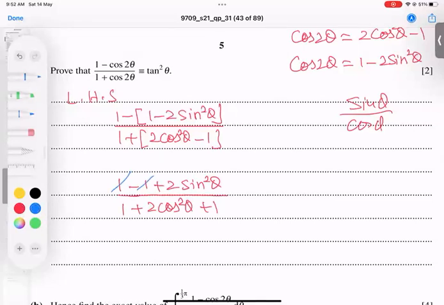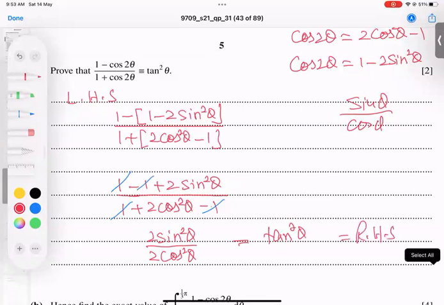Sorry, this remains minus 1, because plus into minus remains minus. Then this 1 and 1 cancel out. Ultimately I got 2 sine square theta in the numerator and 2 cos square theta in the denominator. This 2 cancels out, and sine by cos gives you tan, so tan square theta equals the right hand side, proved.